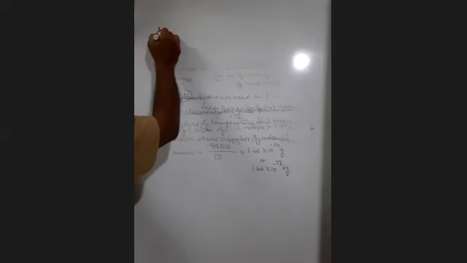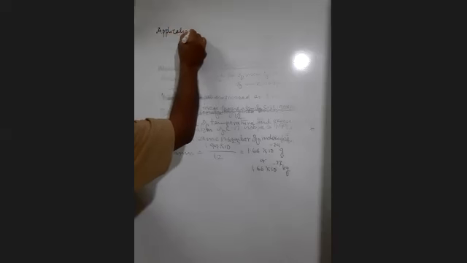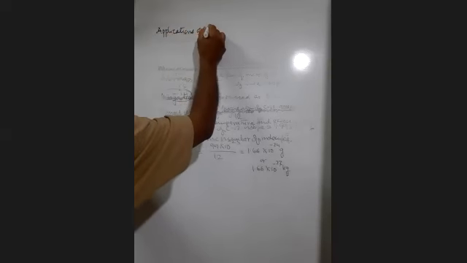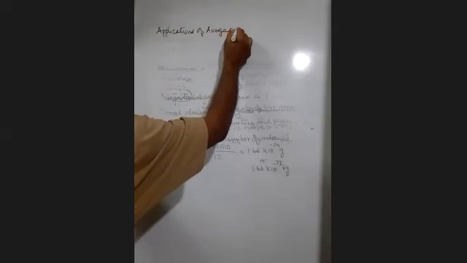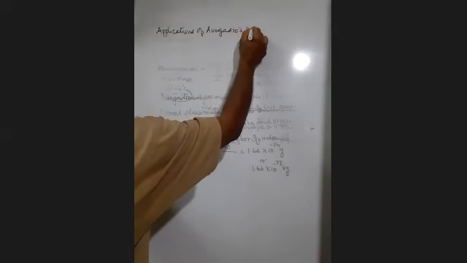So what are the things we learned from Avogadro's hypothesis? So applications of Avogadro's law. And I'm telling you, this is not given in your book. So let us try to know.